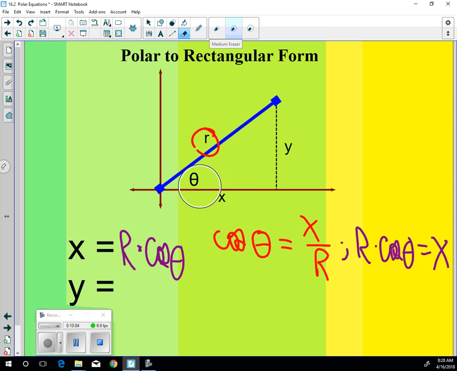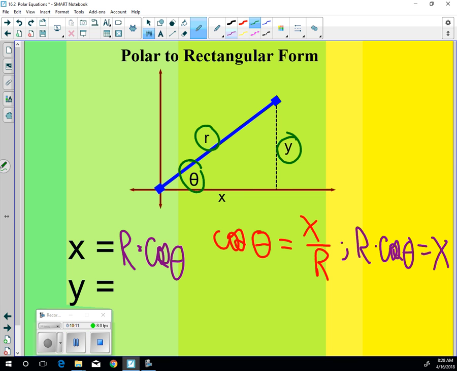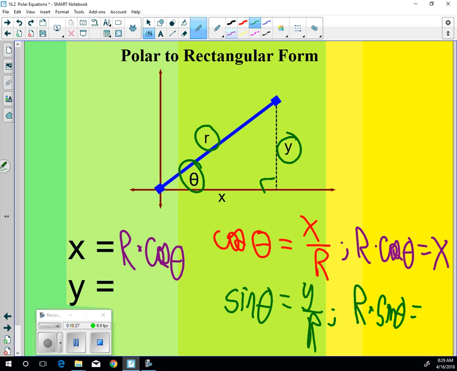What do you think it's going to be when we're looking for a relationship between these three? Sine theta, which is opposite over hypotenuse, which of course cross multiply is r times sine theta, equal to y. So y is r sine theta.